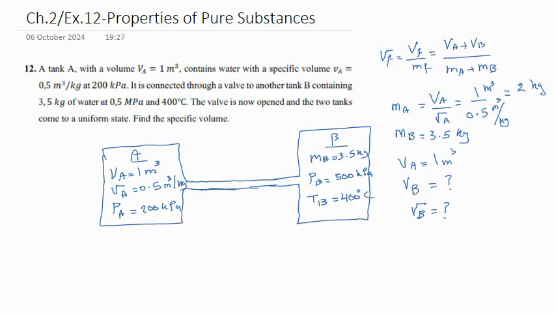To explain this, let's draw the pressure versus specific volume entry. We are at 500 kilopascal. This is the dome. Our temperature constant line is here. Our Tsat is 151.86.